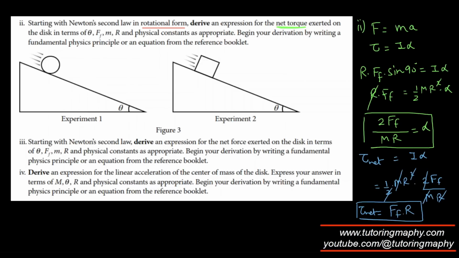So from here, multiplying both sides by 2 times FF, it will be alpha times M times R. So FF will be equal to alpha capital M R over 2. You might be thinking that you're eliminating FF, but you're introducing another variable alpha, which is also not allowed. That's absolutely right, and we will eliminate alpha in a minute.